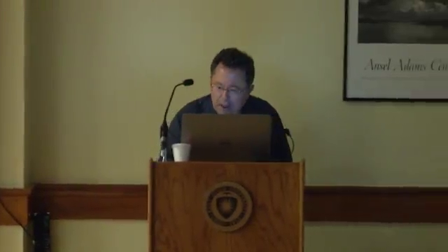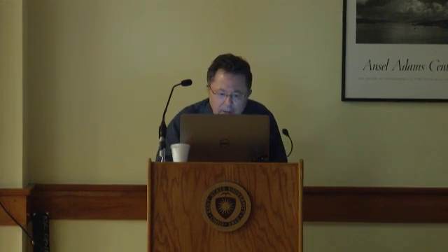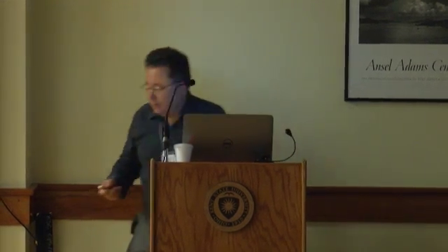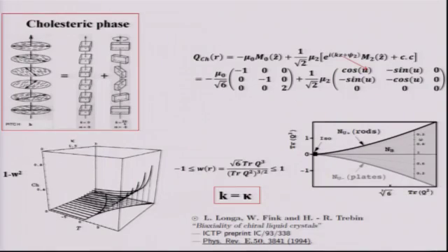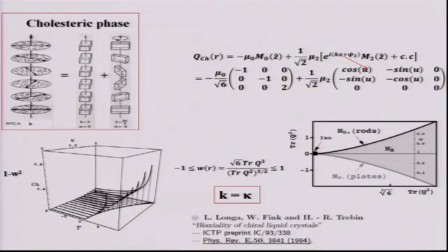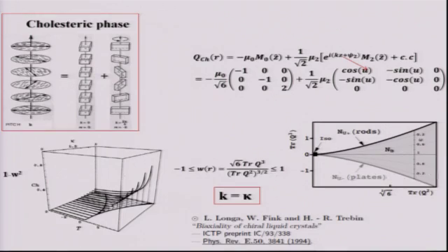So that's the basis. I will show you how cholesterics look in this description. For the cholesteric phase, you simply have a combination of the uniaxial mode, which is this one, and m equal 2. And you can show that the mode that is responsible for intrinsic chirality is m equal 2 or m equal minus 2, depending upon the sign of k.